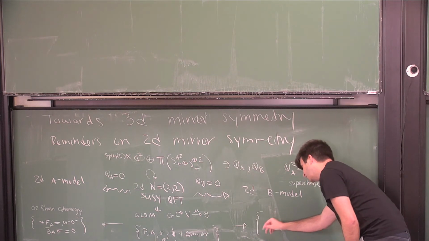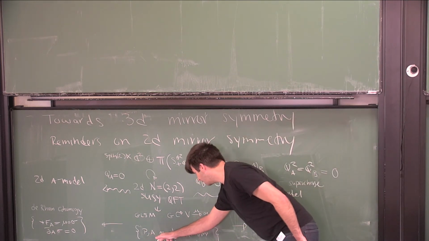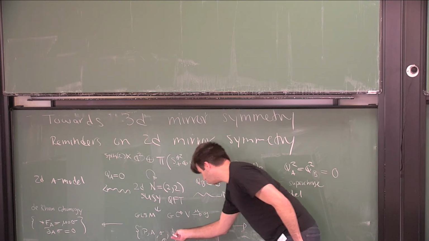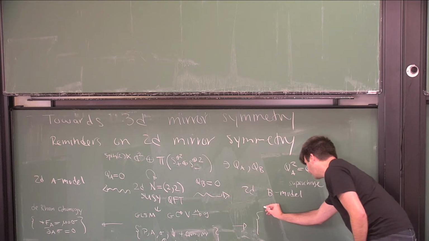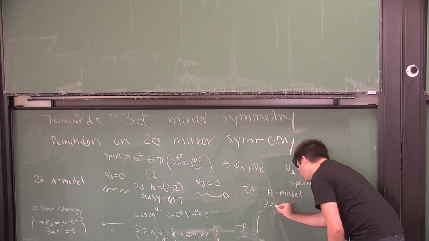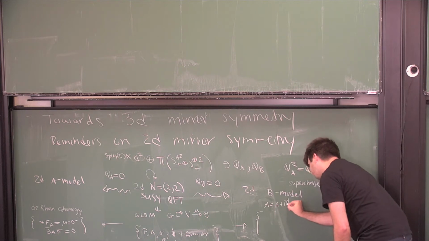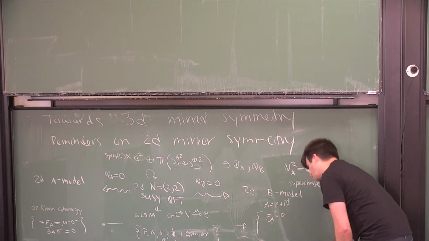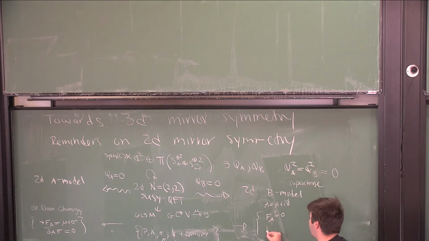And then what you get is that you can combine A and i times phi in order to get a complex connection. So you can write down this combination. And then my equations become that this complex connection has no curvature, and then that the derivative of my section is flat.